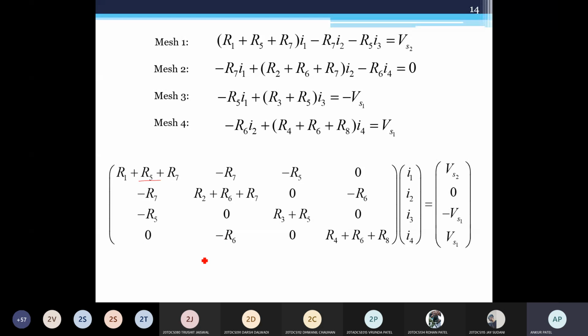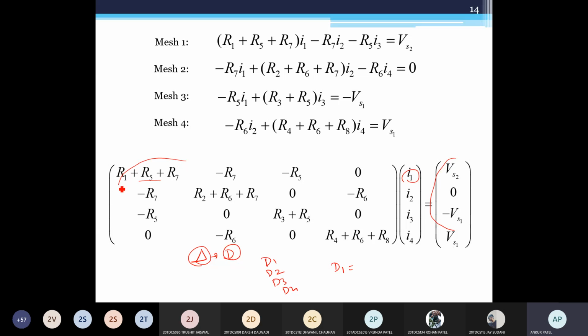First we need to find the overall delta, which you can denote by D, or also by lambda. Find the overall determinant, then go for the determinants D1, D2, D3, D4. Suppose I want to find D1, then I need to replace the coefficient column of I1 by this voltage value.